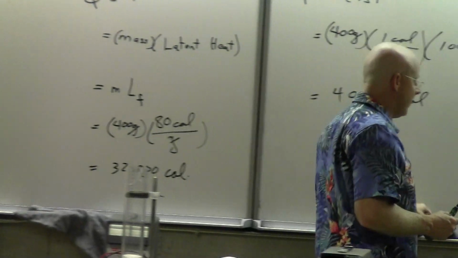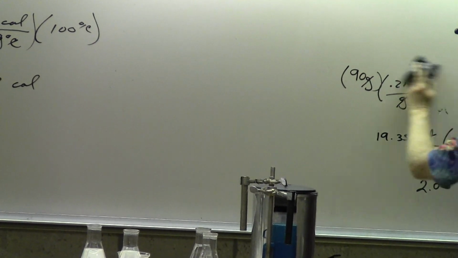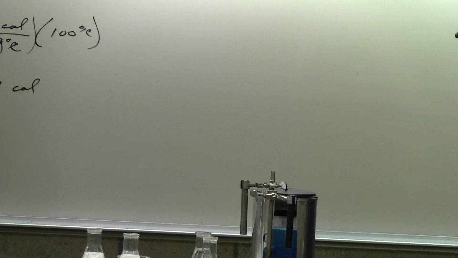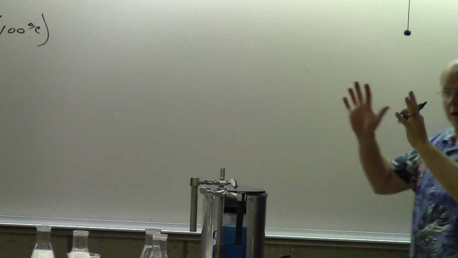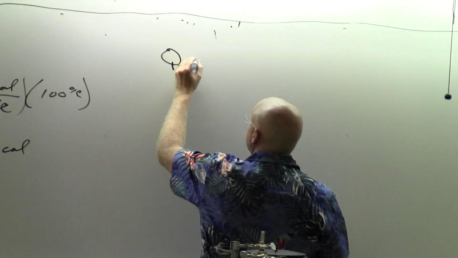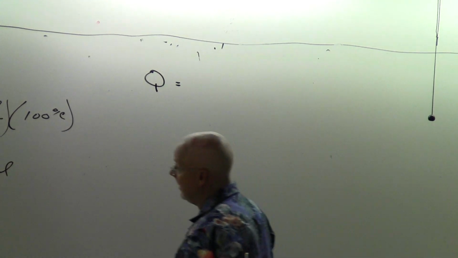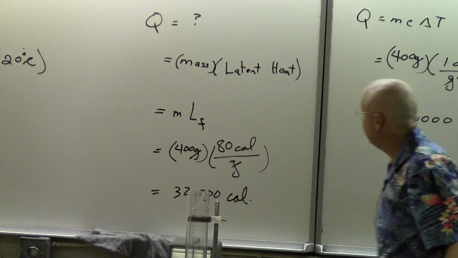So now that we have got it to a boil, let's ask the question: how much energy then is it going to take to completely boil away all that water? And so let me put a Q again. And let me do the same thing that I did here for the change from a solid to a liquid.